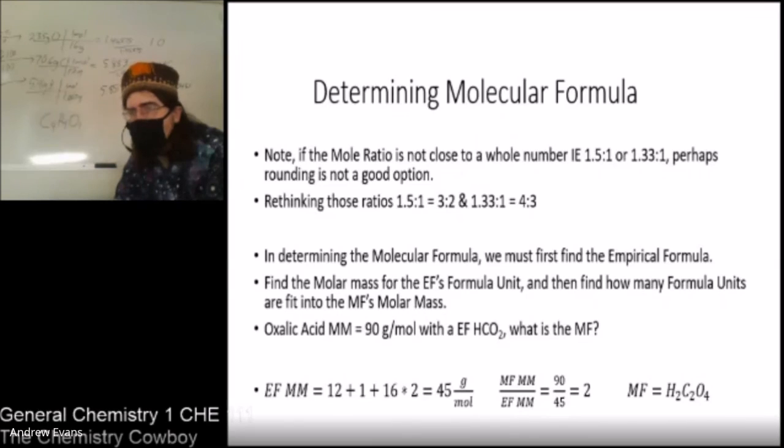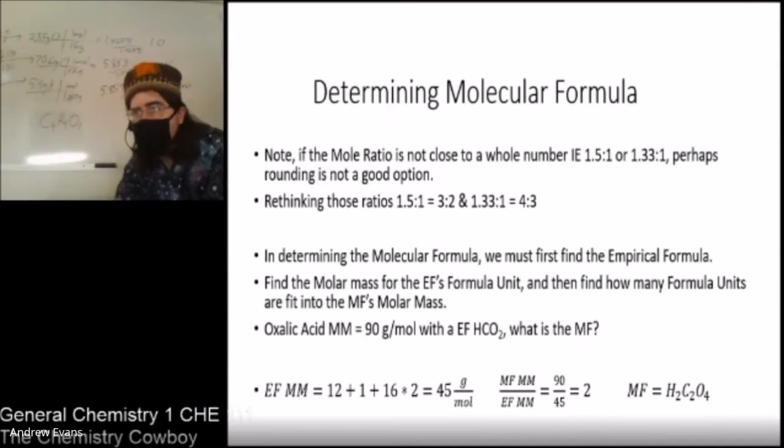In the case of H1C1O2, 1 H is 1. 1 carbon is 12. 2 oxygens are 16 plus 16, so 32. So 32 plus 12 is 44, plus 1 is 45. How many times does 45 go into 90?